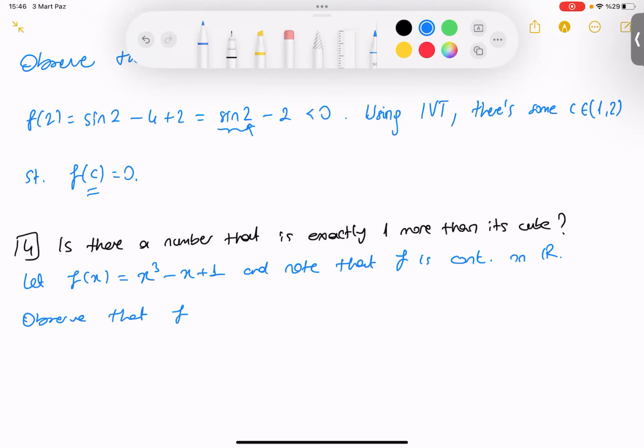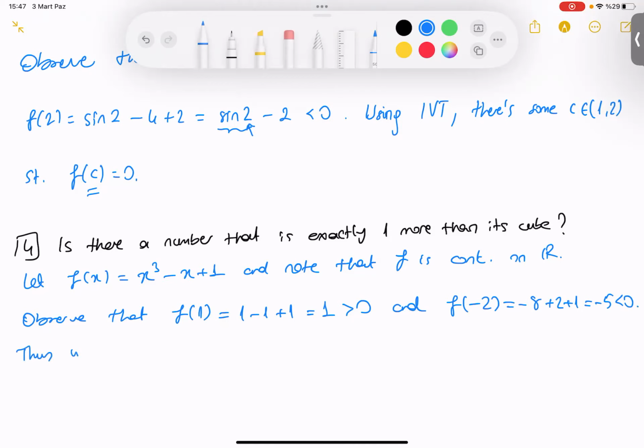Observe that f of 1 is equal to 1, which is greater than 0, and f of 2, so we'll have minus 8 plus 2 plus 1. You get minus 5, which is less than 0.